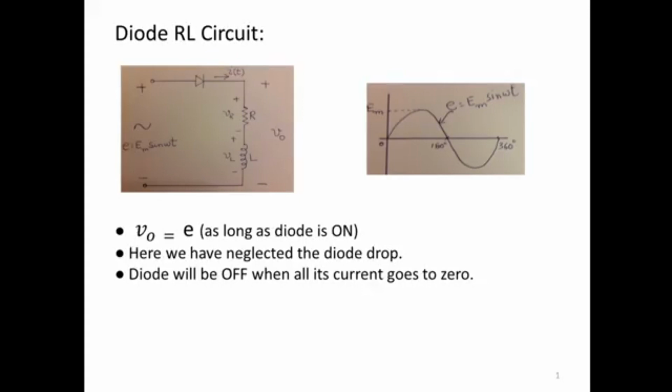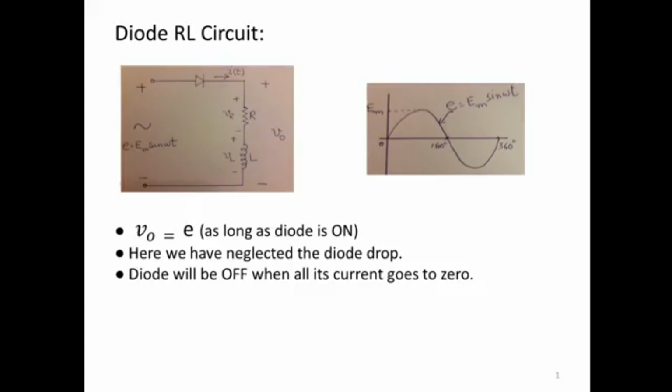So V0 is the voltage across the complete load. As you can see, the terminals of the output voltage are located from the top of the load to the bottom of the load, across the combination of R and L.